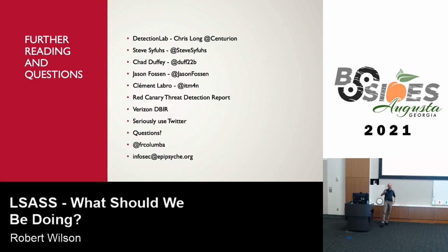Unfortunately, people need credentials, so even if this is not in the top 10, it's never going away, and it gets abused all the time. My contact info is at the bottom: FR Columba on Twitter, and infosec@epipsyche.org.